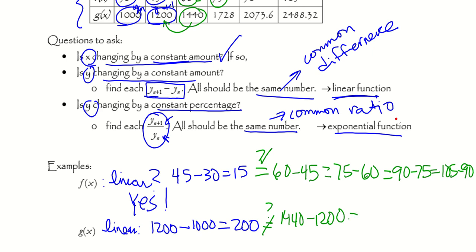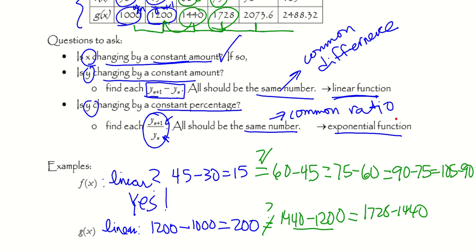If we go beyond that and take the next one, we get 1728 minus 1440. We get a difference now that's even bigger than the difference we got from here. So we can see that there is not a common difference when we go from one y to the next.